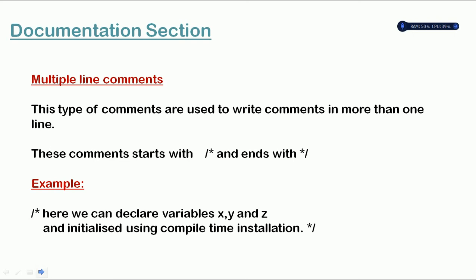These comments start with a slash and an asterisk symbol, that is simply a star symbol, and end with an asterisk and a slash. Always remember, when you start a multiple line comment, you must close it, otherwise your compiler will treat even the rest of your program as a comment. So take care when writing multiple line comments.